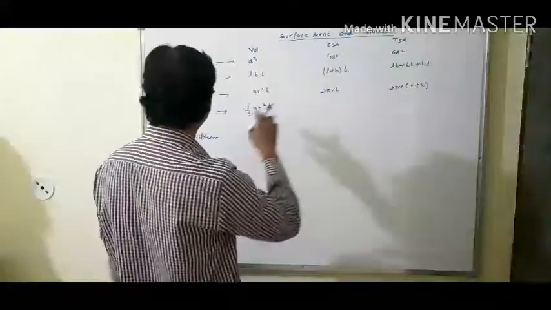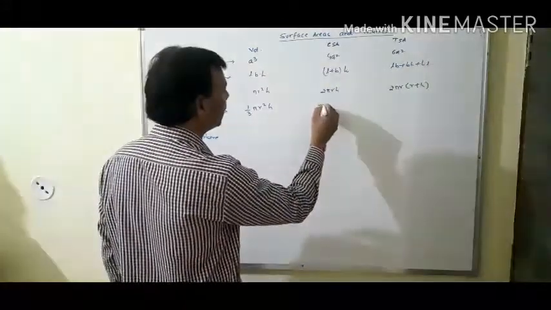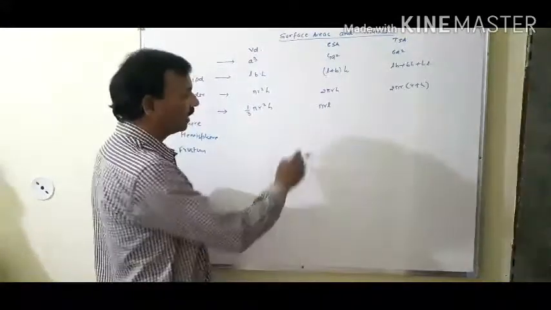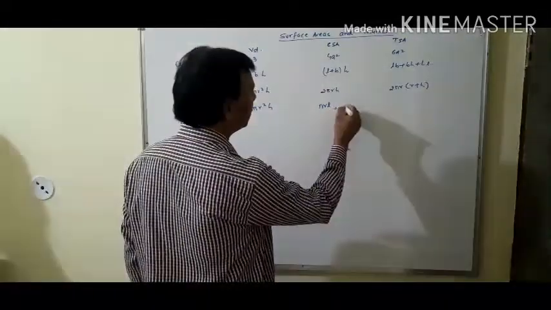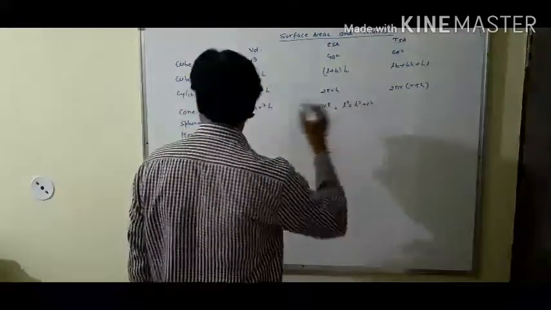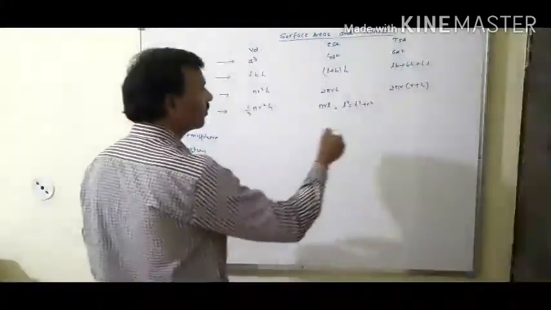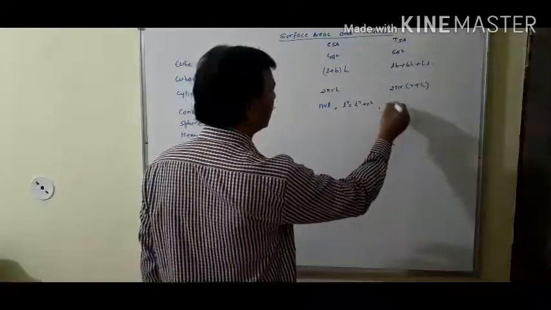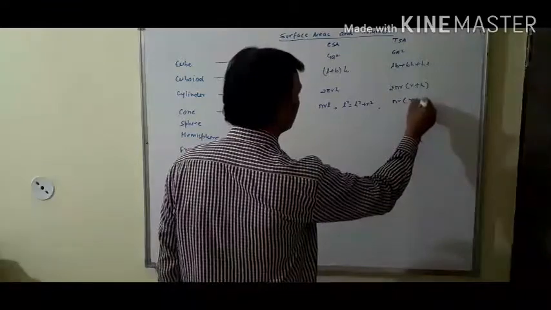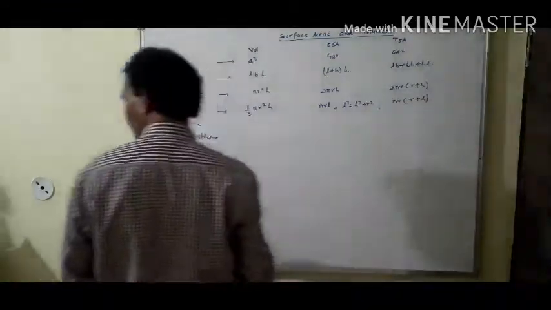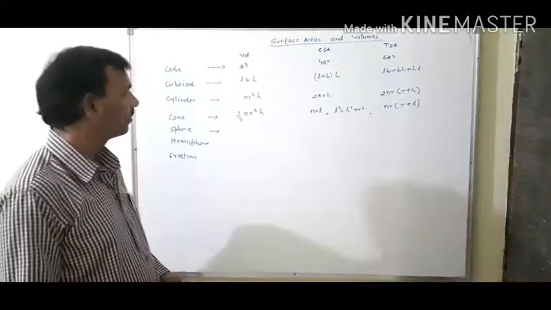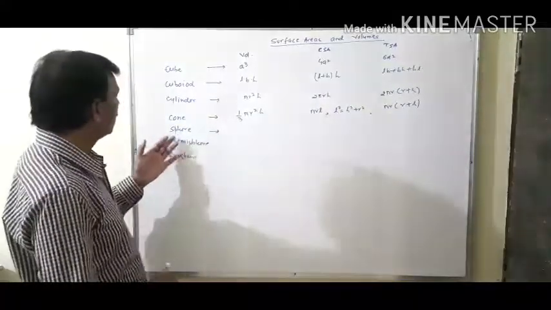Curved surface area of the cone is pi r l, where l is the slant height, and we can find l square equal to h square plus r square, and TSA is pi r into r plus l.